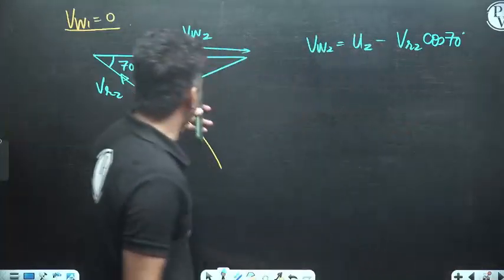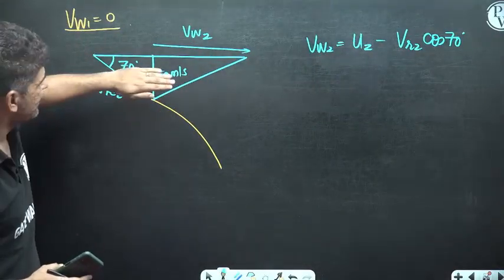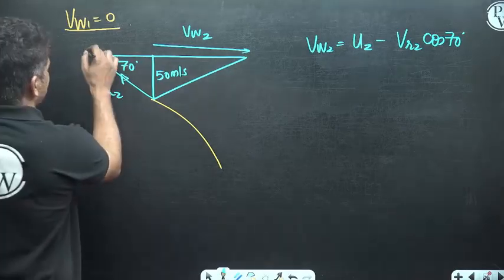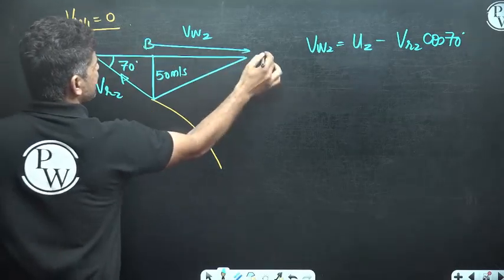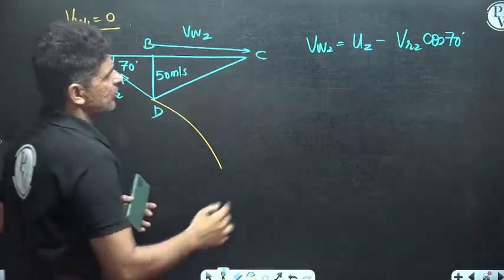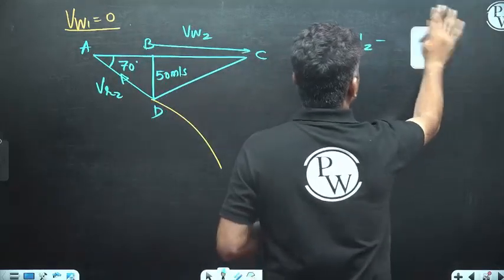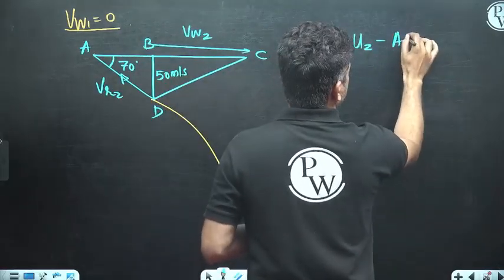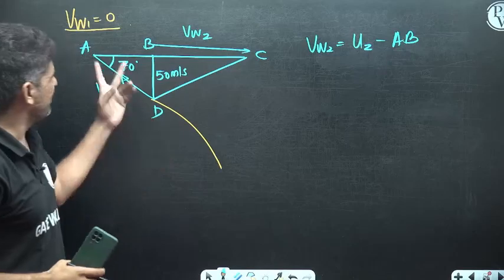So you see that this 50 and this, let's say I write A, B, C, D. So I can write VW2 is U2 minus AB.